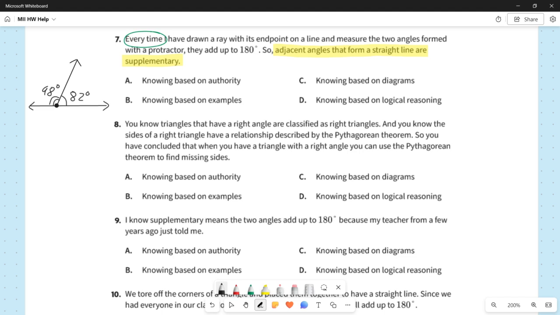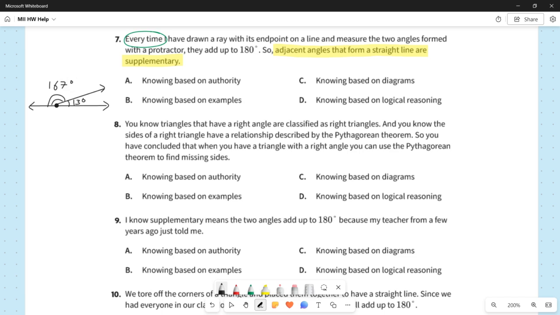But it's saying every time I do this, they add up to 180 degrees, which means if I were to draw a different ray, just like that, and again get out my protractor and measure the angle on the right, and the angle on the right is, let's say, 13 degrees, and I measure the angle on the left, and my protractor says that the angle on the left is 167 degrees.